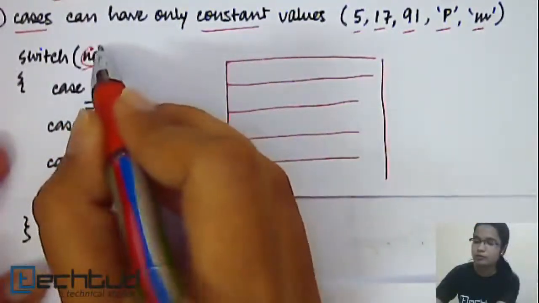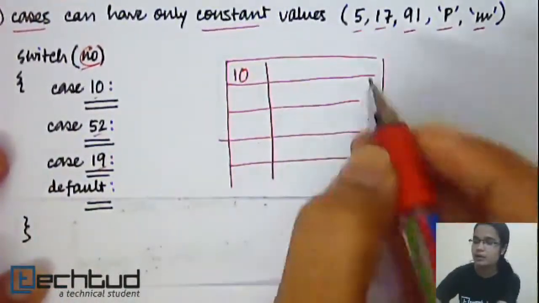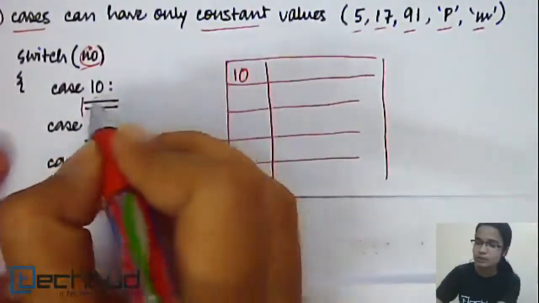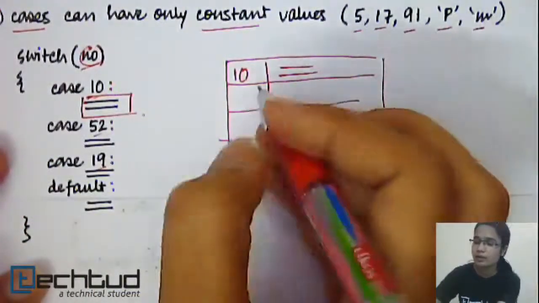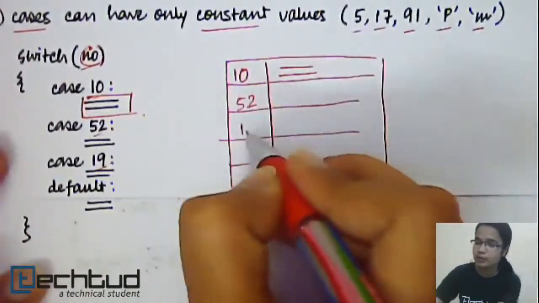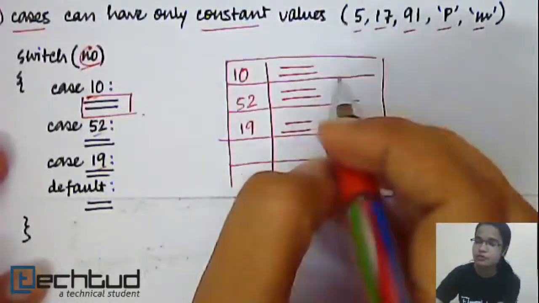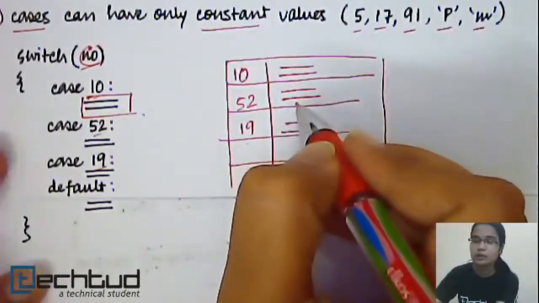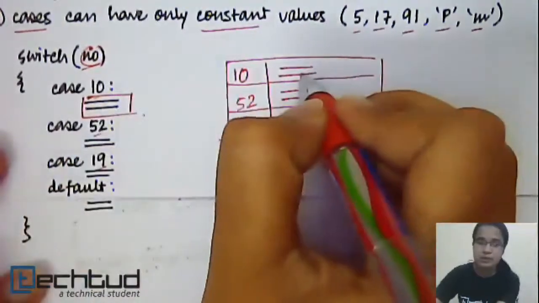Whenever the value of number is 10, this 10 is indexed to this block of statements, then 52, then 19. These are indexed to that particular location of memory where these statements reside.